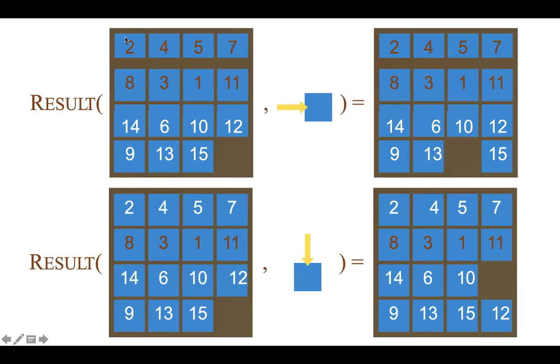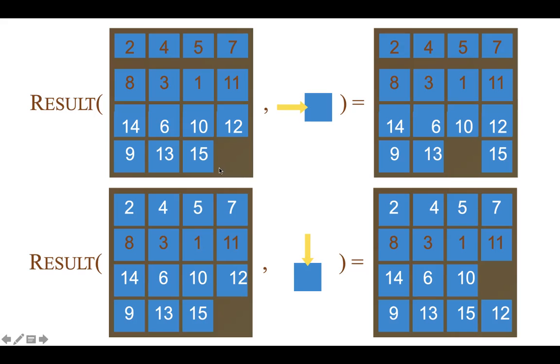For instance, if this is the state of our moving tile game and we take the action of moving the last tile, which is closest to the empty slot, to the right, then what we will get is this state. So this state and this action of moving the tile to the right has transitioned the state to be this. What was the other possibility?